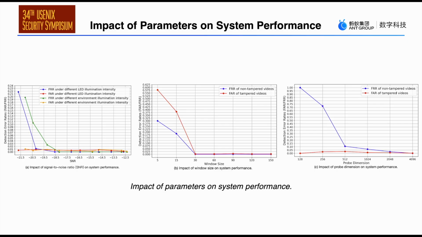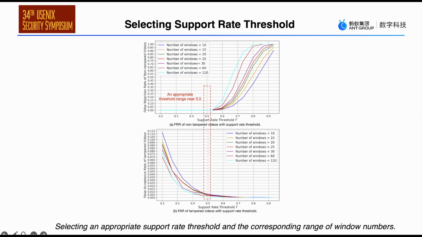Smaller windows and dimensions below 512 increase error due to insufficient support. Window counts reduce FAR as support threshold rises. At a 0.5 threshold, RollingEvidence achieves 0% FAR and less than 0.5% FRR for 15 to 120 windows, with 99.5% accuracy in detecting tampered videos.